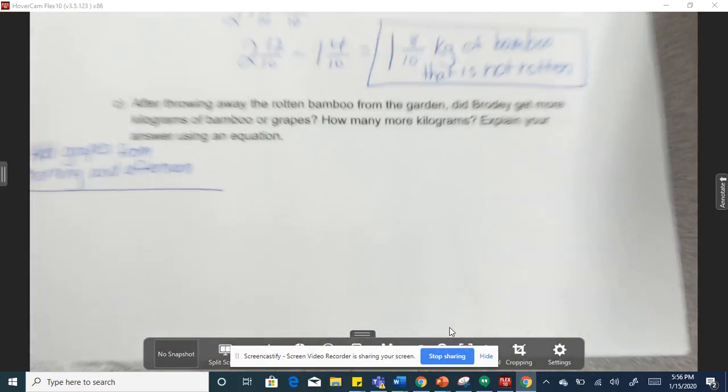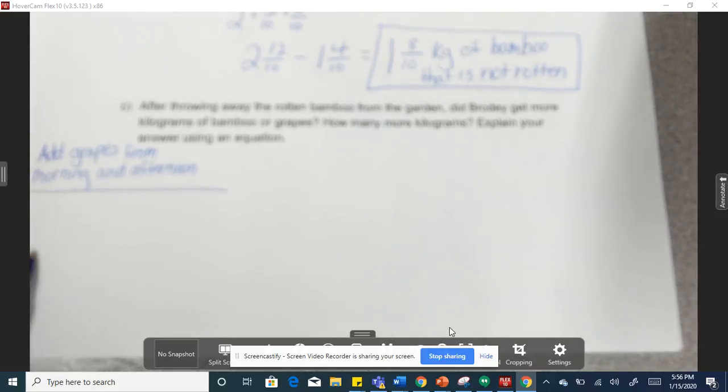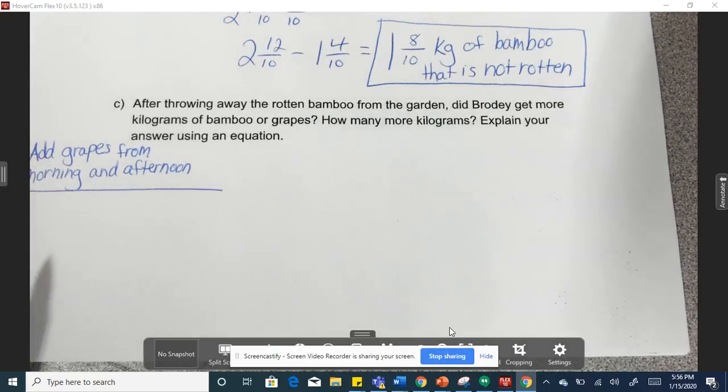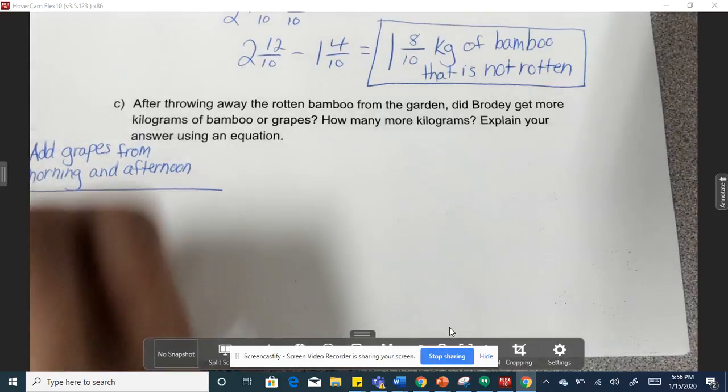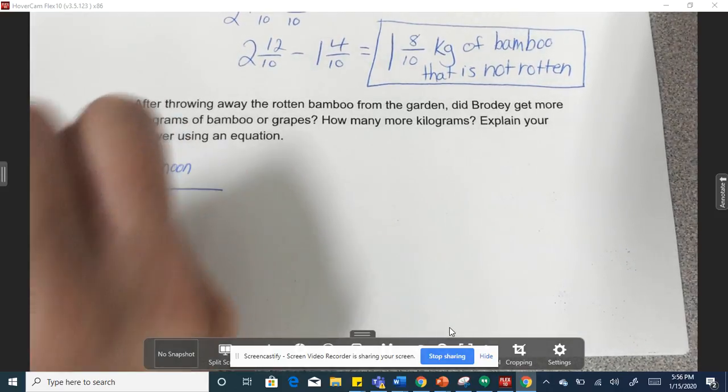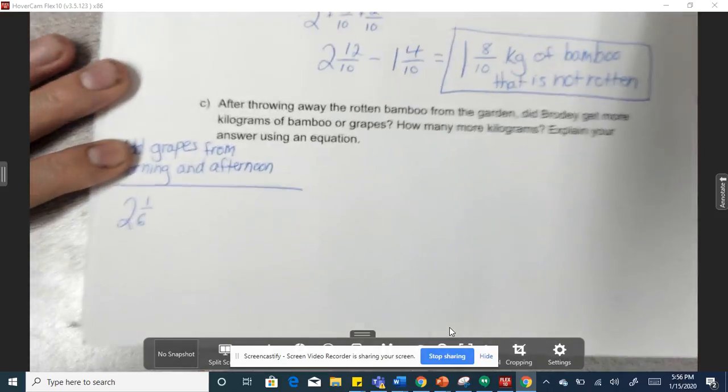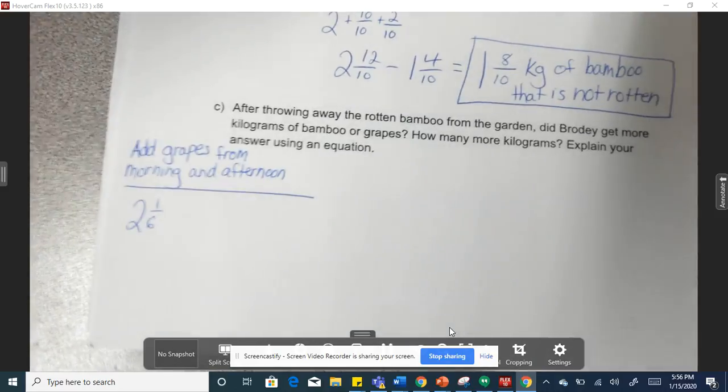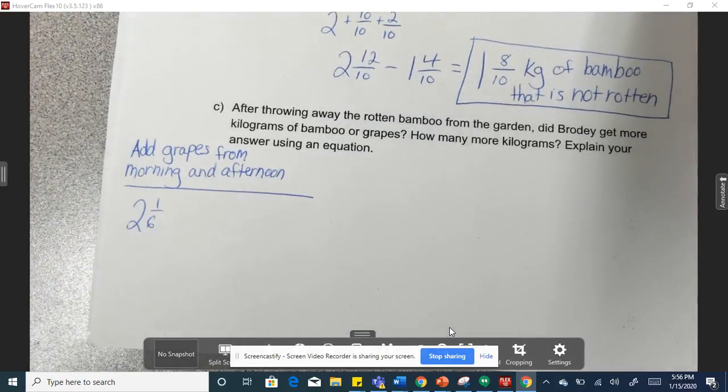Okay, so we said that he had 2 and 1/6 kilograms that was collected in the afternoon.